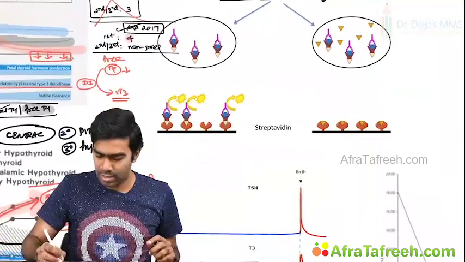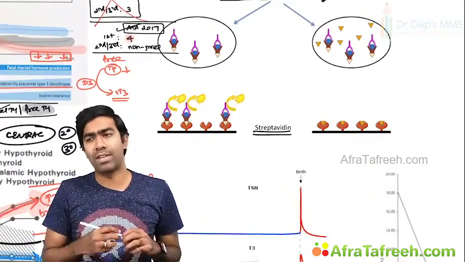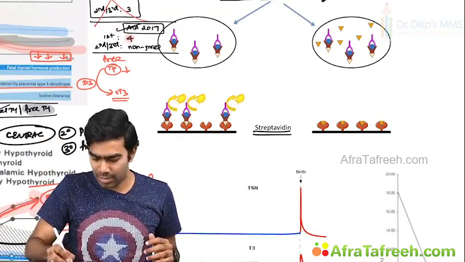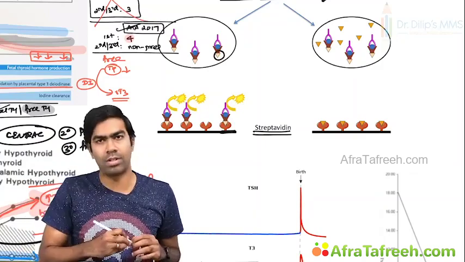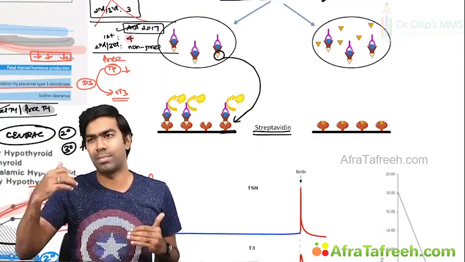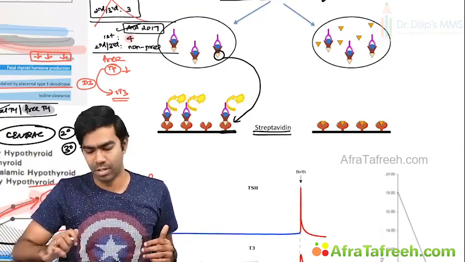Once they capture this TSH, this biotin-related anti-TSH antibody will have biotin attached to it. So after this capture has happened, this biotin-related antibody will go and bind with the streptavidin. We know that streptavidin has a high affinity for biotin. So this biotin portion of the biotin antibody will come and attach with the streptavidin. This is called streptavidin-biotin capture.